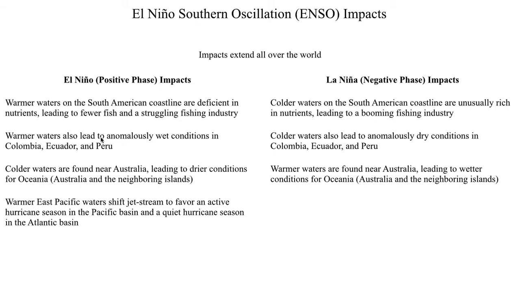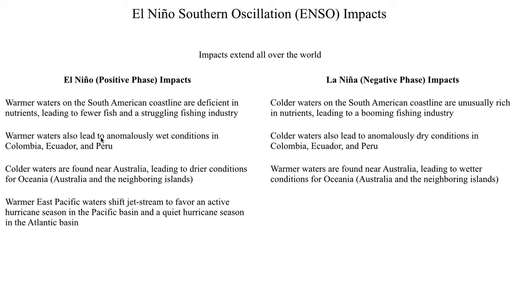And another interesting thing that happens with El Nino is you get these anomalously warm waters in the East Pacific, which could lead to a more active hurricane pattern in the Pacific Basin. That means more hurricanes and also more typhoons if you're talking about the Central Pacific or parts of the Western Pacific.